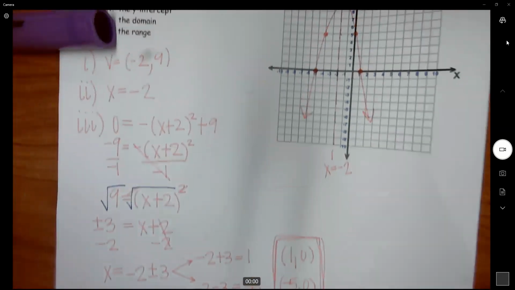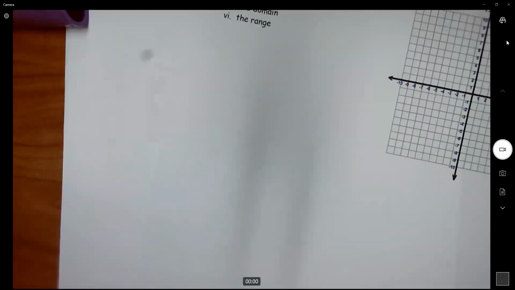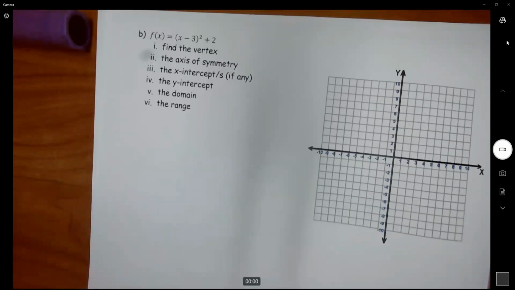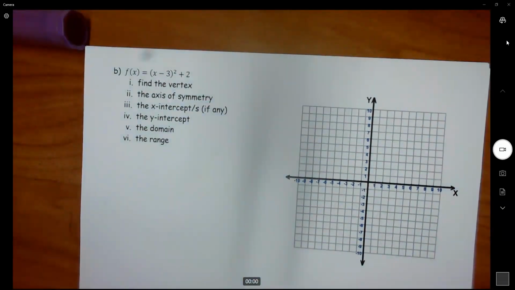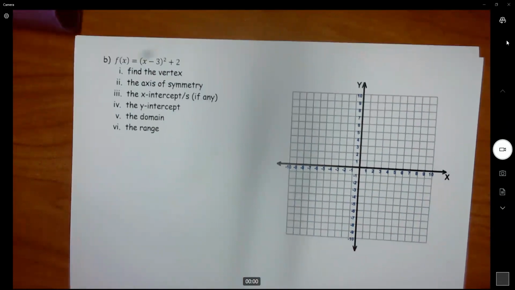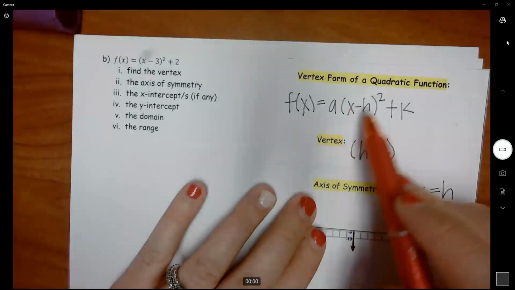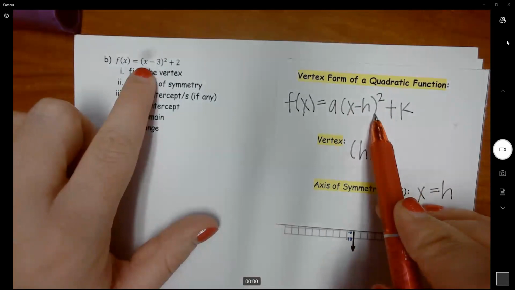Okay, let's try another example. Okay, we're finding the same 6 things. And I can again tell that this is vertex form because I see that grouping of parentheses right here.